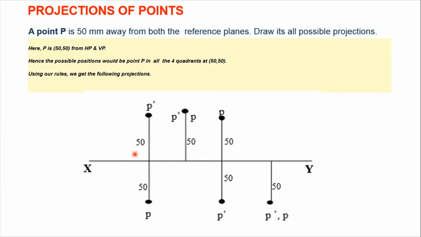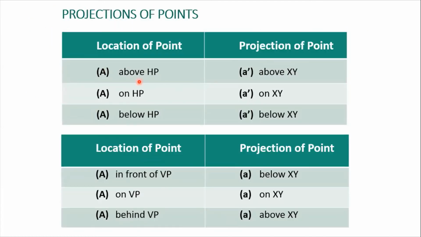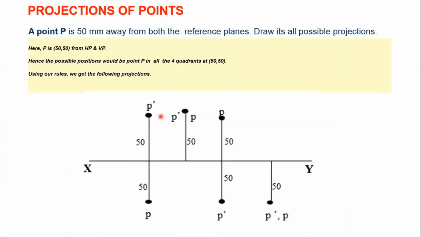So if your point is 50 mm above HP, we'll be using the table above HP. That means we'll be plotting A dash above your XY line. So we'll be plotting this point P dash above your XY line, and the distance in this case would be common, which is 50 for all of the examples, as you can see. So we'll not bother about distances. So we'll be plotting this point P dash 50 mm above your XY line.